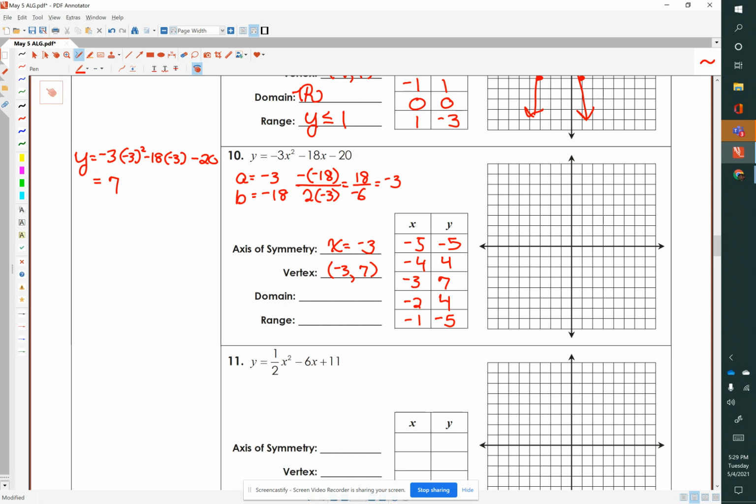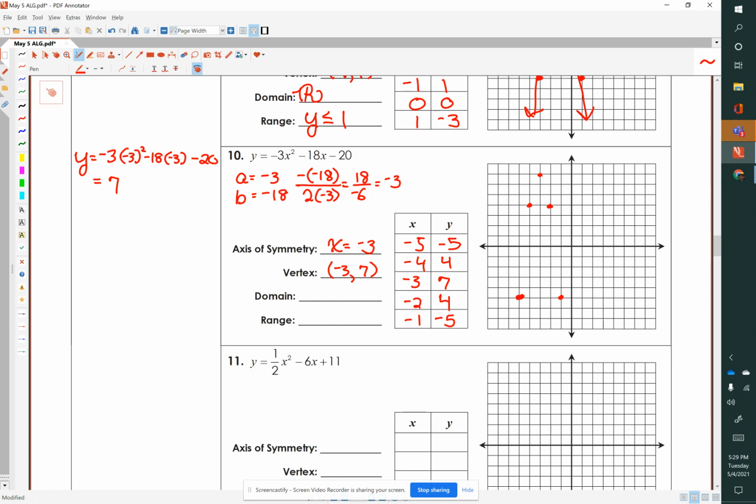So let's plot those points. So we have negative 5, negative 5. This is going to be a big quadratic. It'll cover a lot of the graph. We have negative 4, 4. We have our vertex, negative 3, 7. Then we have negative 2, 4, and negative 1, negative 5.